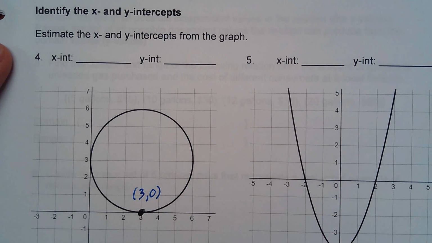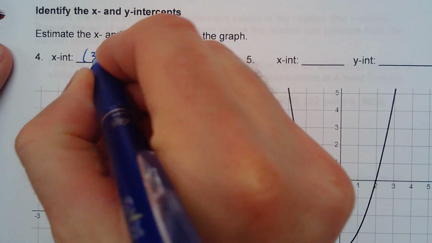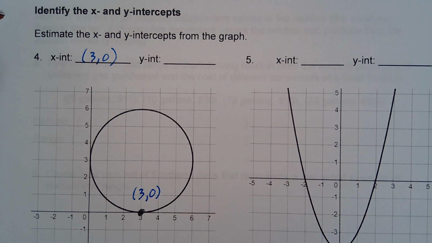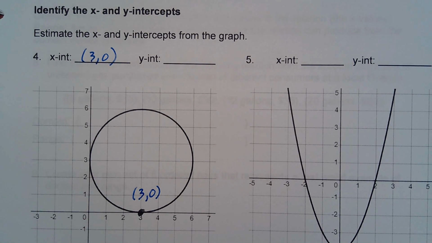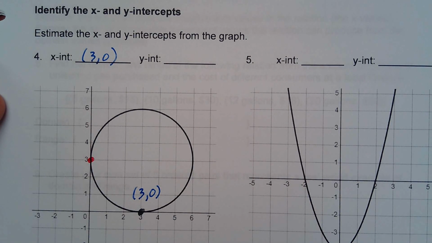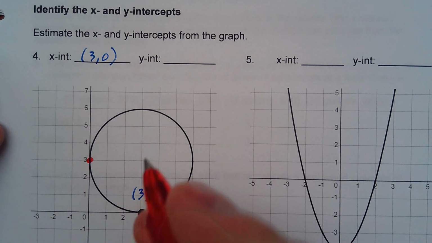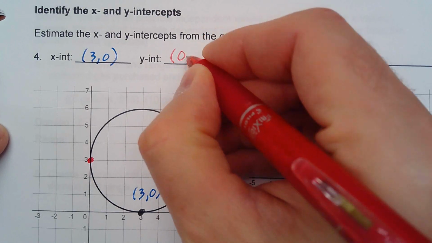Now, in ALEKS, you need to label this as 3, 0. So you have to put parentheses 3, 0, and that would be your x-intercept. Your y-intercept's over here on the y-axis. And you have to remember to write this in the correct order. Here, the x value is 0, so my y-intercept would be 0, 3.